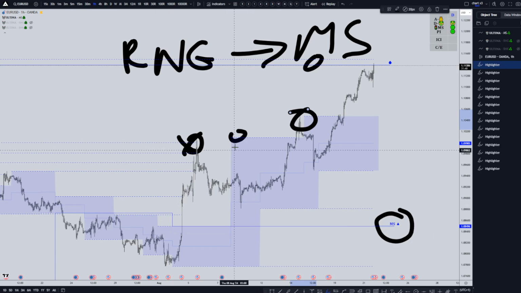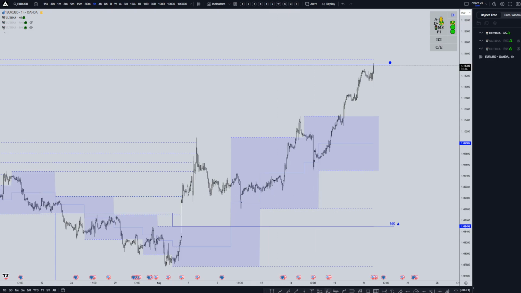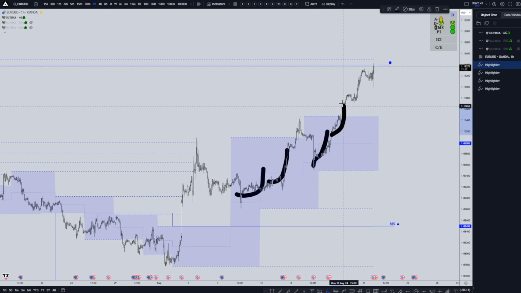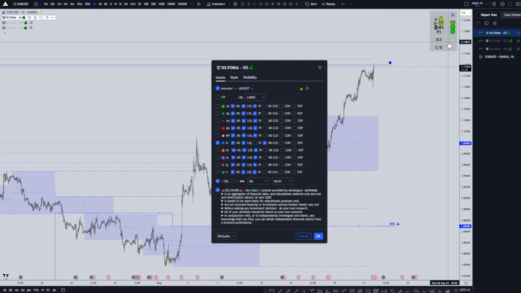How will market structure deliver price action with the ranges? We want to see bullish daily range, bullish daily range, bullish daily range, delivering the market structure's intention. So that's regards impulse correction impulse.